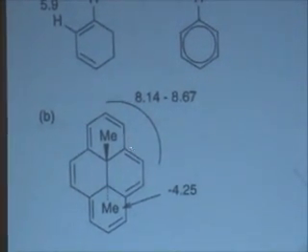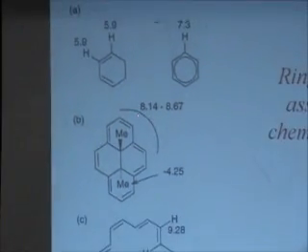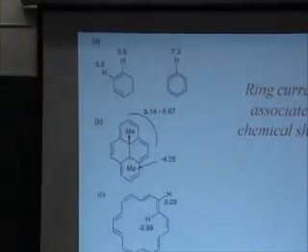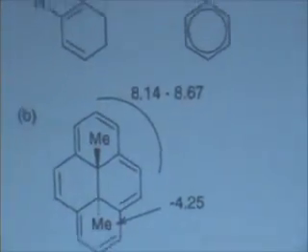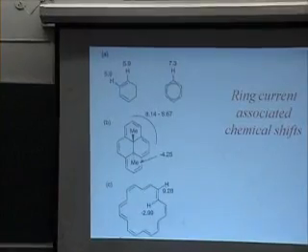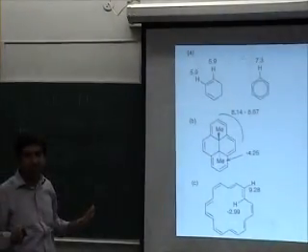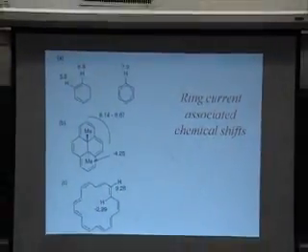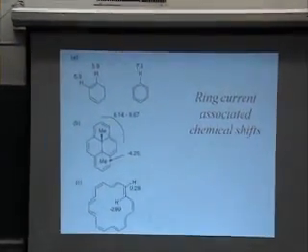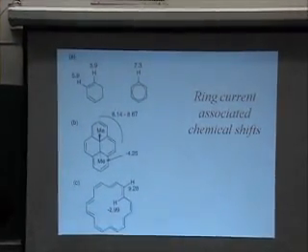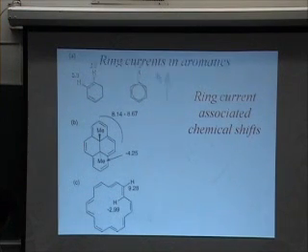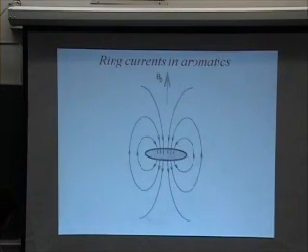The normal protons that are inside the plane have a certain de-shielding, but the methyl protons that are above and below the ring, that are above and below the planar structure of this aromatic molecule, they are heavily shielded. Heavily shielded. You can refer back to the protons that are above and below, they are heavily shielded.